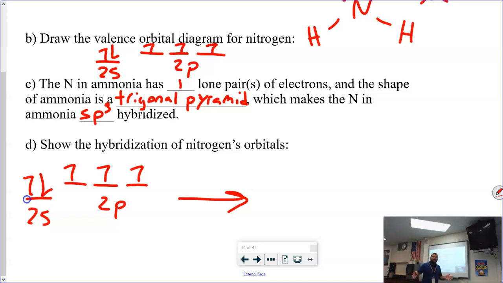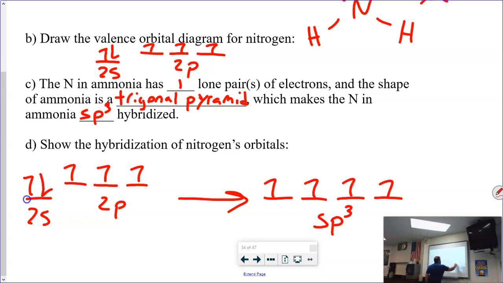I need all 4 of those as a part of the hybridization process. And what I get are 4 equal energy sp3 hybrid orbitals, okay? I still have 5 electrons, right? So 1, 2, 3, 4, 5.